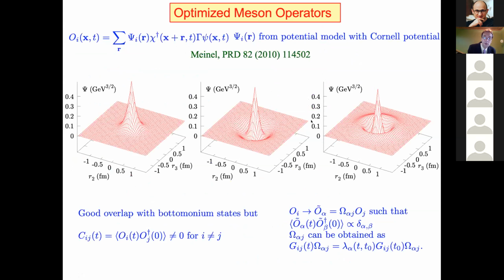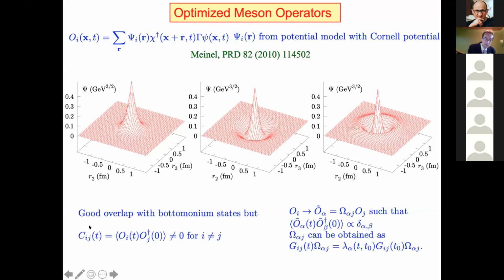So now here is the optimized operator that we construct. We use the wave functions psi_i(r) from the Cornell model, taking into account discretization effects on the lattice, and construct the wave functions by solving a Schrödinger equation, which is shown in these figures. We then form the corresponding linear combinations by solving the generalized eigenvalue problem.